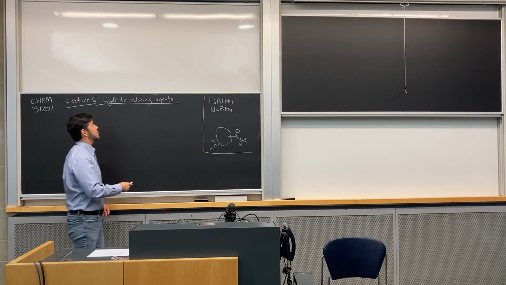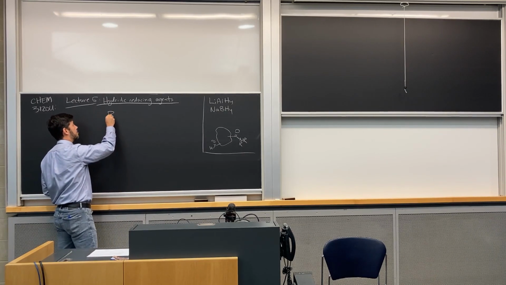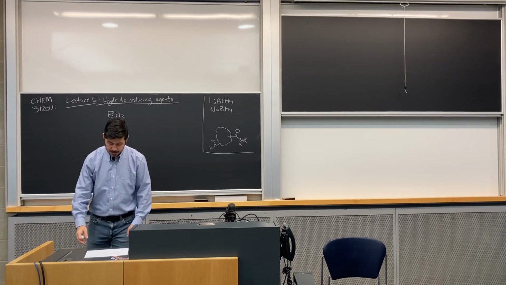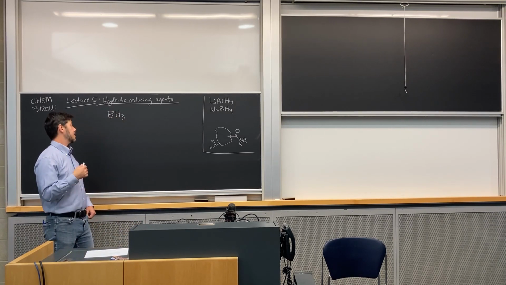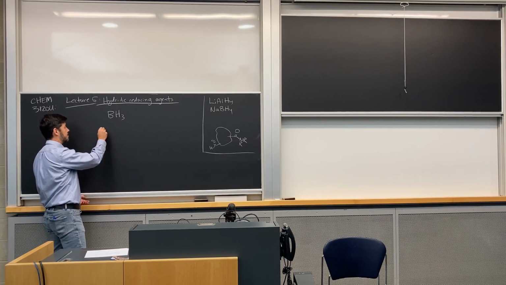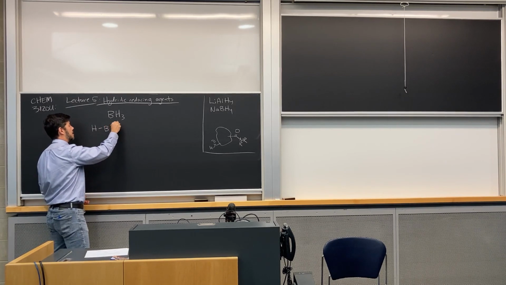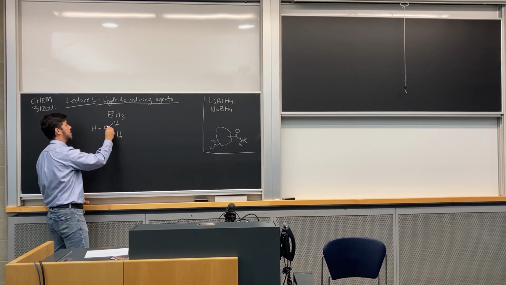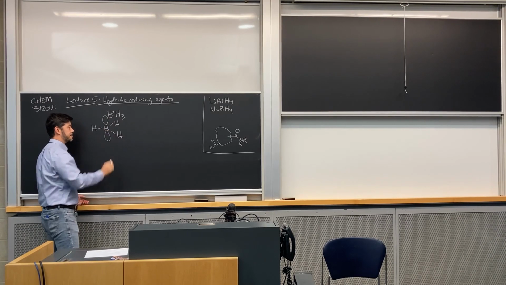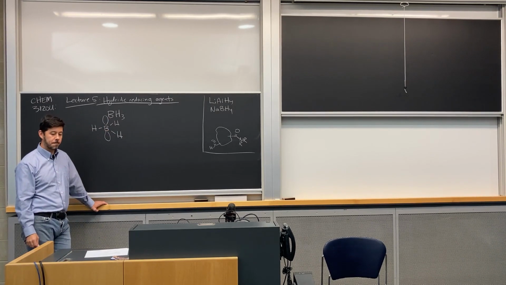first is a reducing agent called borane, or BH3. BH3 is a fairly inert substance, and it looks like this in 3 dimensions, and it has this low energy p orbital on boron.